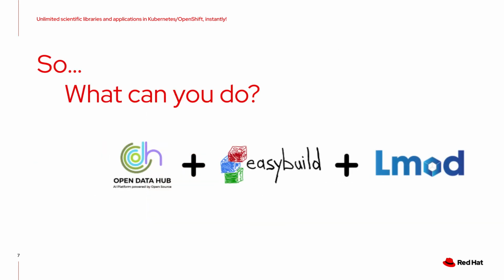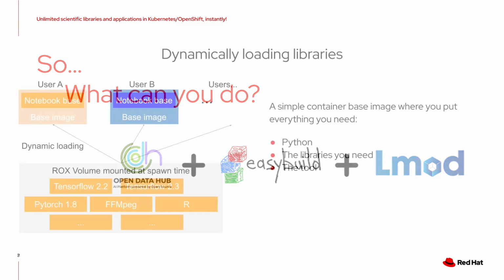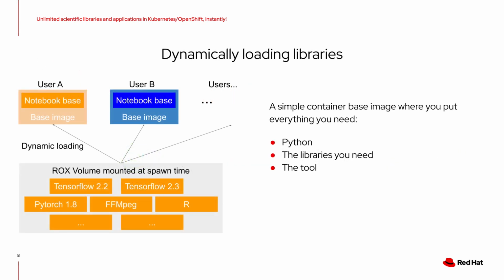So, what can you do? What I will present here is an elegant solution that will use different open source projects together. The idea is that instead of building the needed applications and libraries into the container images, you can store all of them as modules in a read-only shared library hosted on an RWX volume, which means it's read-only but can be accessed by many pods simultaneously.